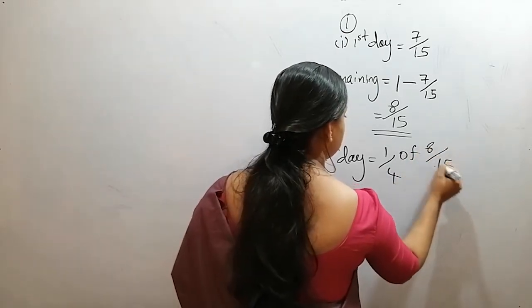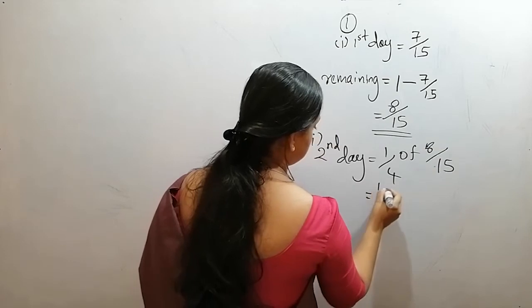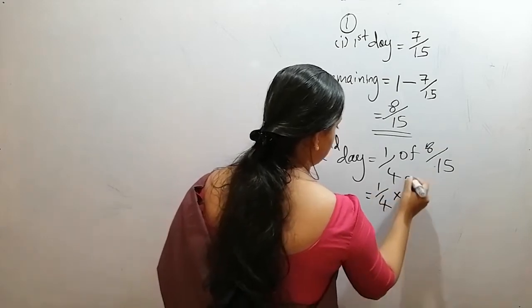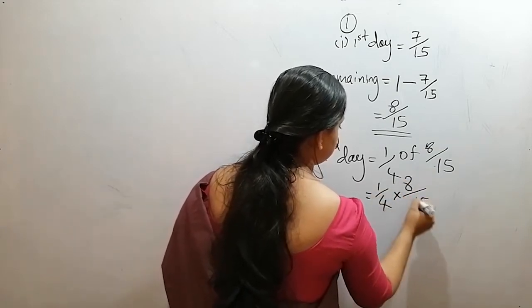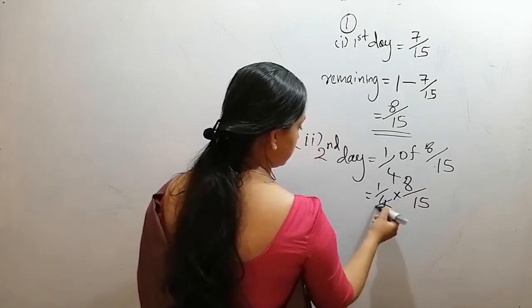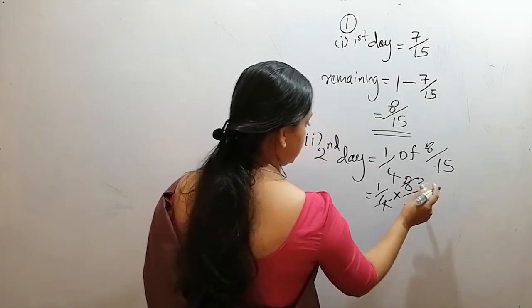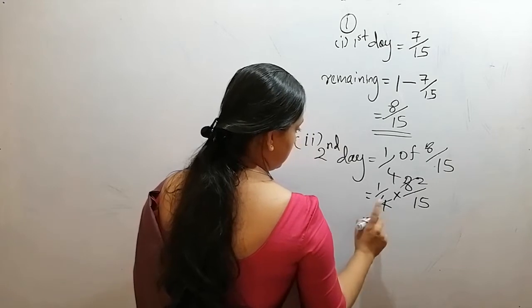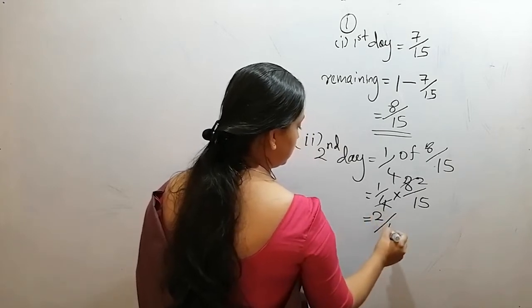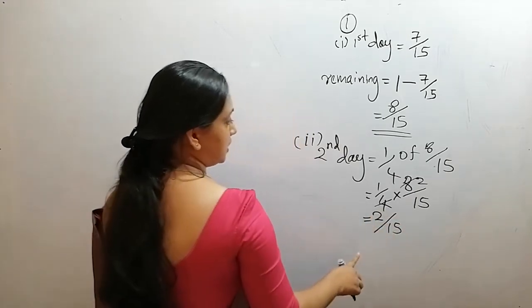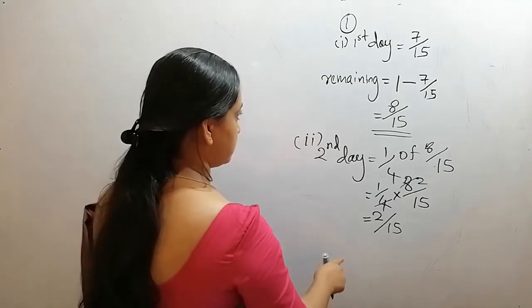Remaining is 8/15. Then this is 1/4 times 8/15. Then we can simplify to 2. Within the second day, 2/15 of the total length of the train was painted.